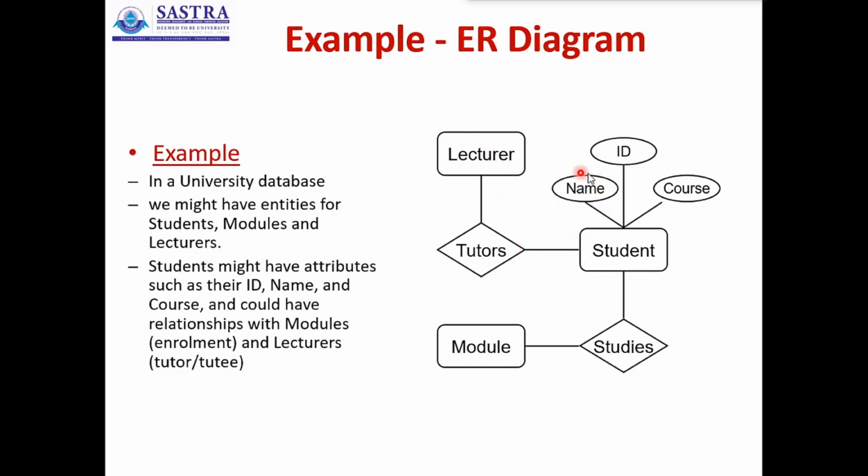An attribute is represented using an oval and the relationship is represented using the diamond shape. Your straight line is used to connect a relationship with an entity, or an attribute with an appropriate entity type. So name, ID and course are the attributes associated with the entity type called student.